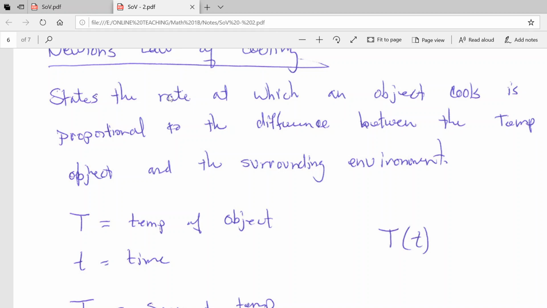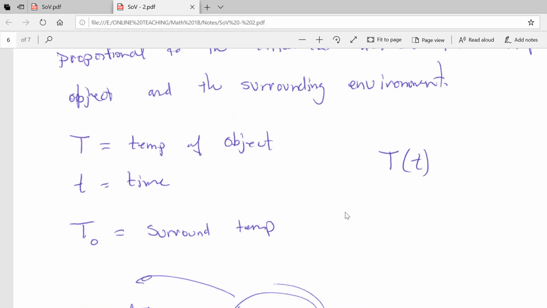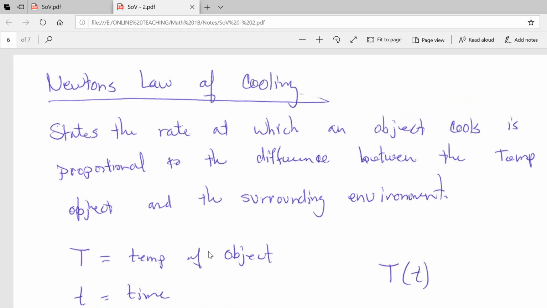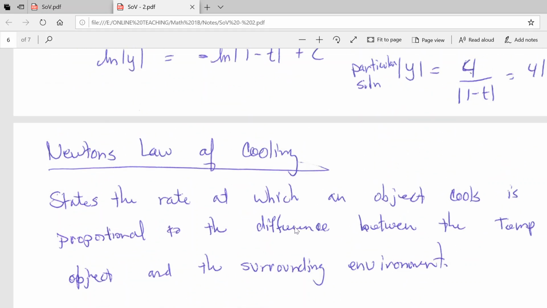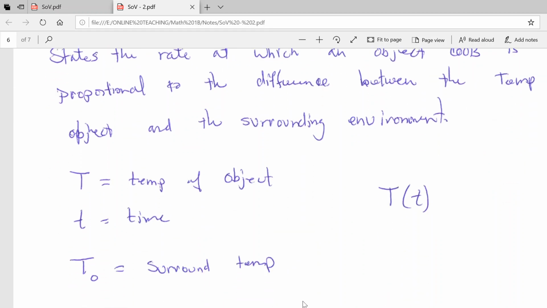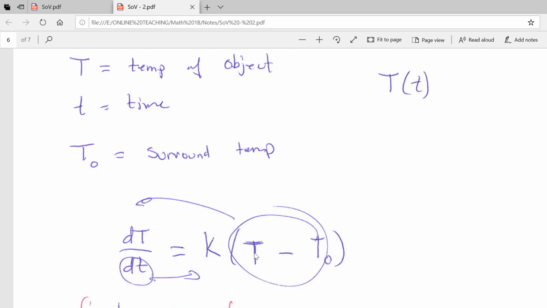So the derivative equals k times... proportional just means a multiple of. And it said the difference, which means subtraction, between the temperature of the object, T, and the surrounding environment, T naught. So T minus T naught, that is that difference.